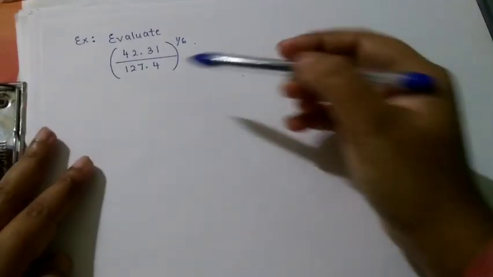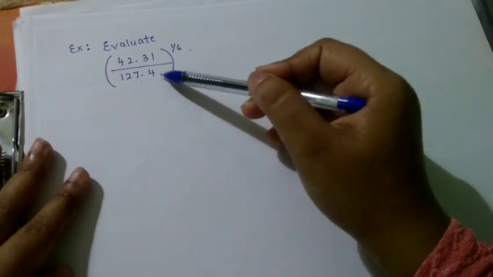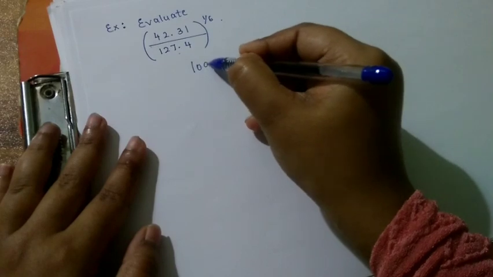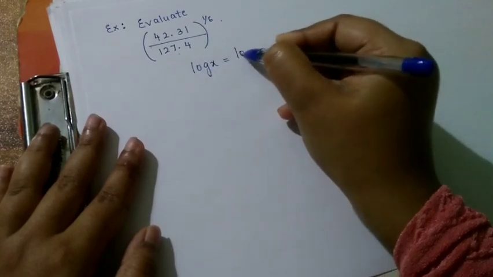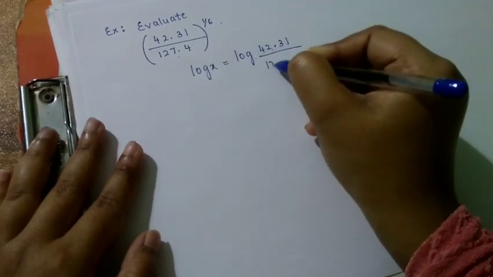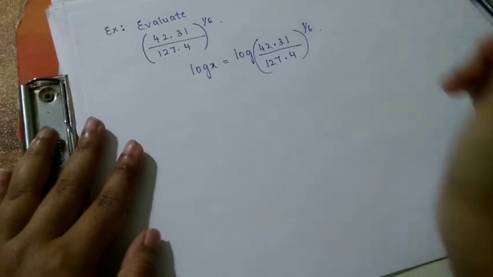So the previous example, a very important one, that I had given you. Evaluate. I had asked you to do this yourself. 42.31 divided by 127.4 raised to 1 by 6. So I take log x is equal to log of 42.31 divided by 127.4 raised to 1 by 6.